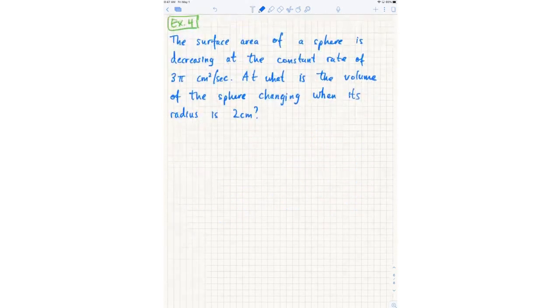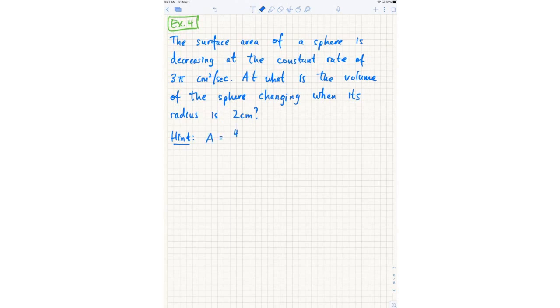Okay. Now, for this, if this were an exam, I'd probably give you the hint. The surface area of a sphere is 4 pi r squared, where r is the radius. And the volume of a sphere is 4 pi over 3 times r cubed, again, where r is the radius.